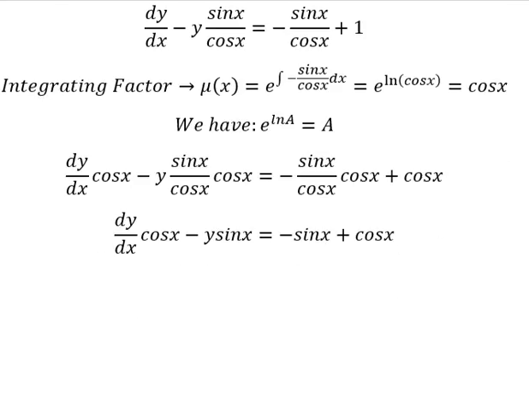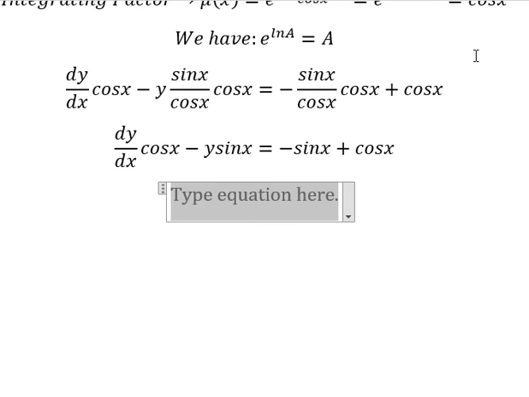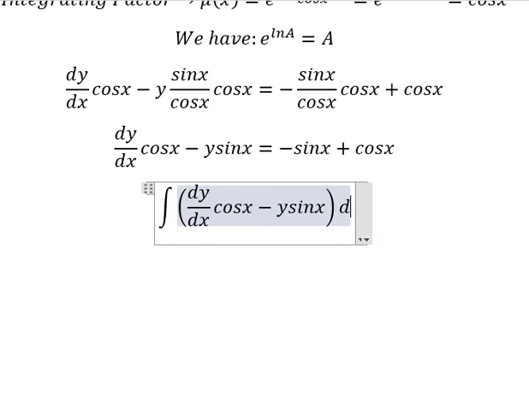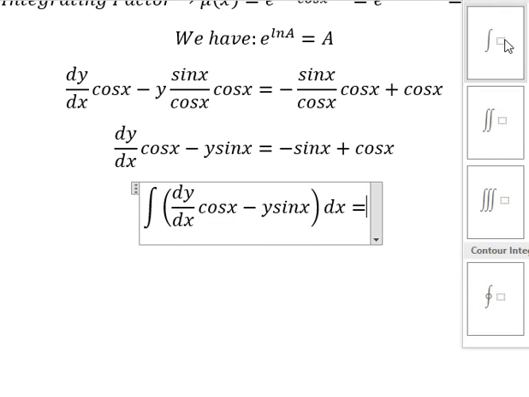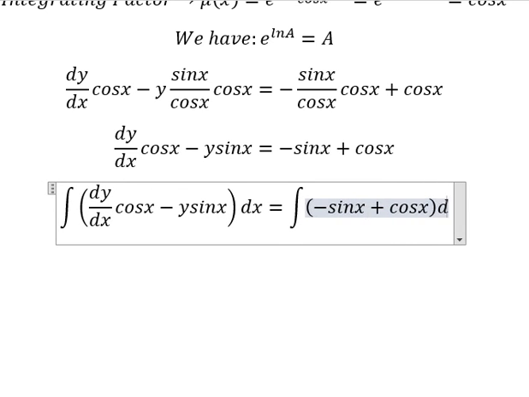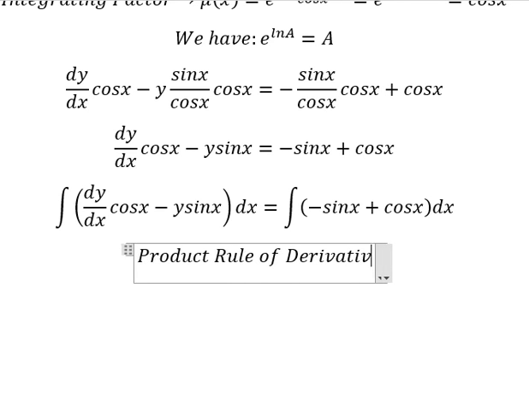Next, we need to integrate both sides. Next, we can use the product rule of the derivative.